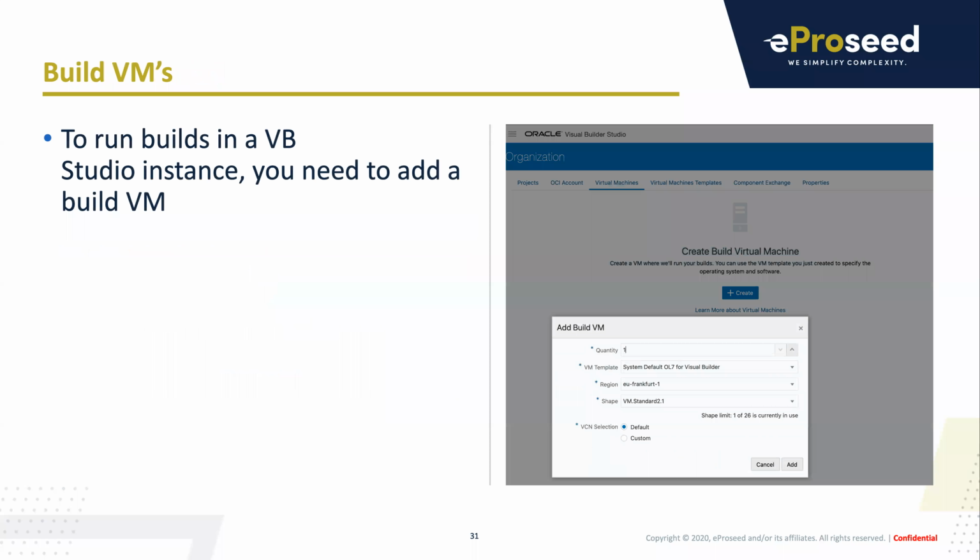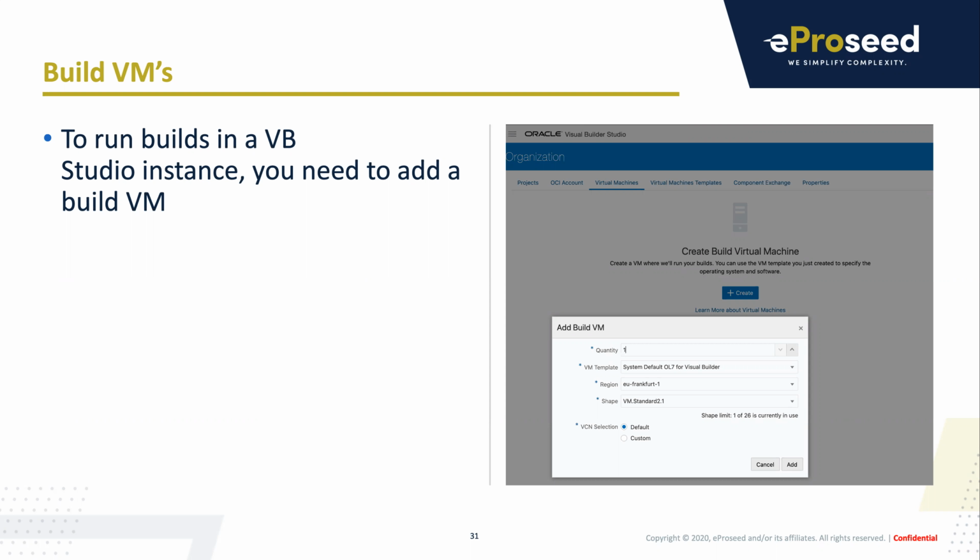So, as I said, to run builds in Visual Builder, you need to have a VM. Once I set up that connection to OCI, it's a click of the button to add build VMs. You can have a lot, 26. For now, I only needed one.